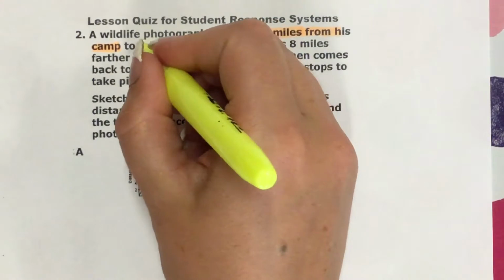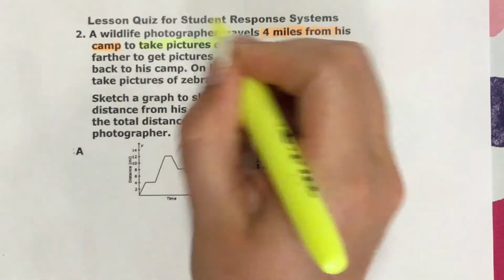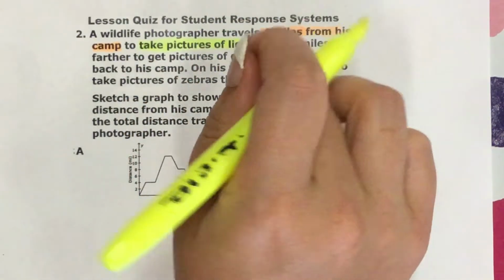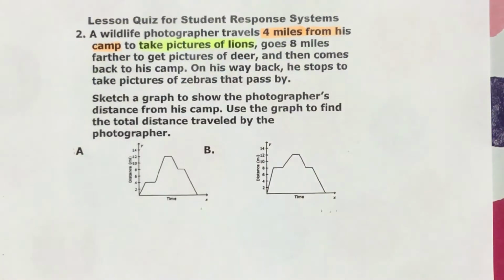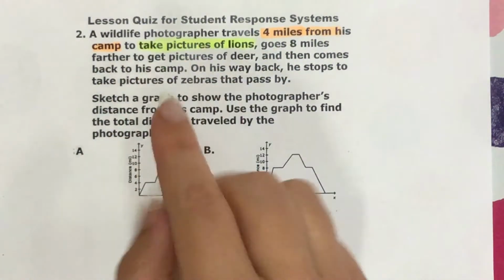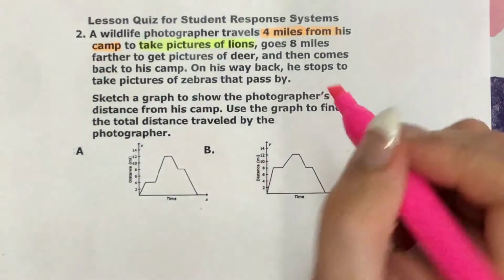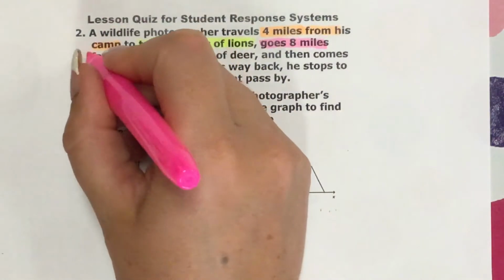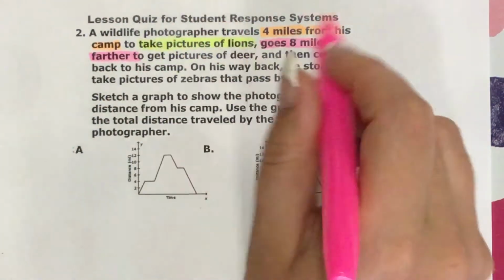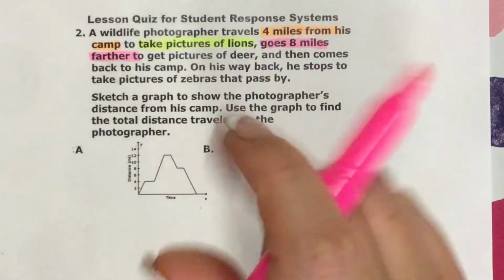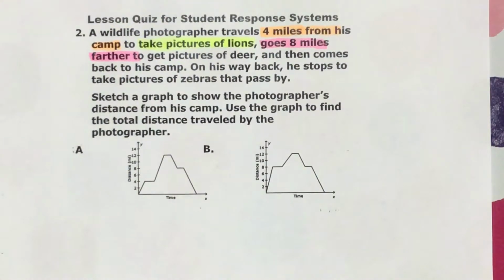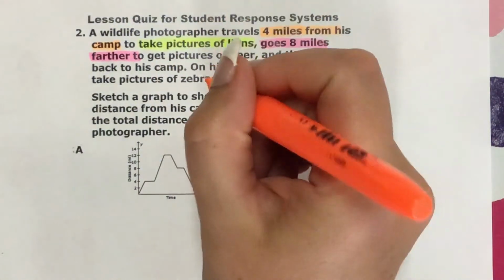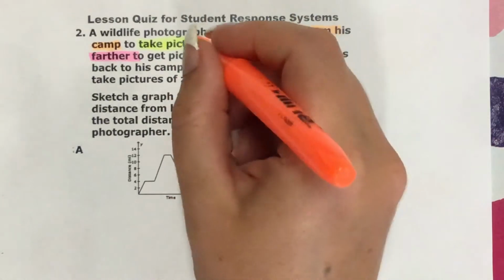They take pictures. So as they're taking pictures of lions, they're probably at a resting state, which means they're not moving in distance, but time is going on as they're taking pictures. Then they go 8 miles farther. So then they travel, and then what do they do? They get pictures of deer. So that means they're probably going to stop again.